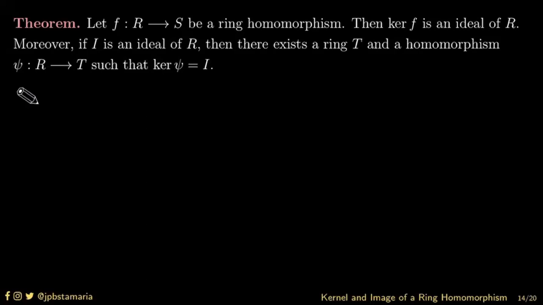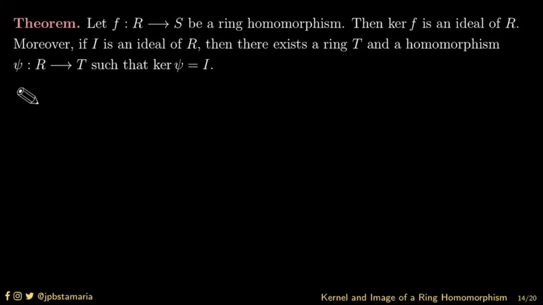Kumbaga, whenever you get a ring homomorphism from R, wala tayong pakialam sa S, sa R lang. Whenever you get a ring homomorphism from R, you always get to have an ideal of R, namely the kernel. In fact, lahat ng ideal ng R are actually kernels of a certain homomorphism.